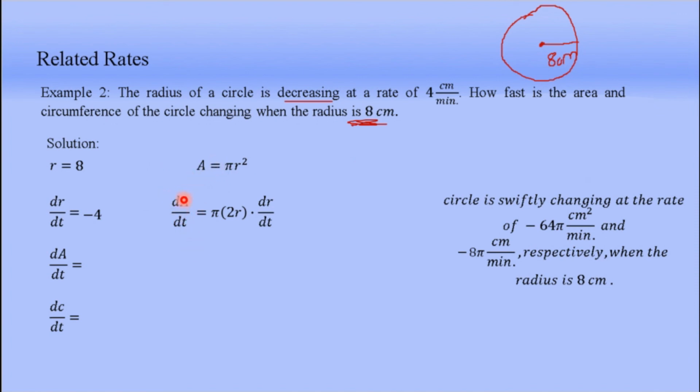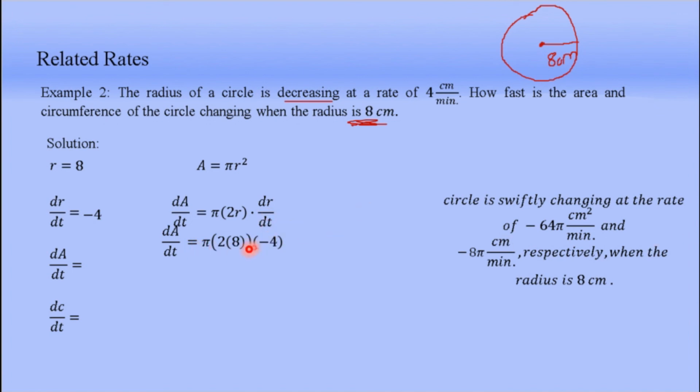So dA/dt, the derivative of A with respect to t, equals pi times the derivative of r squared, which is 2r times dr/dt. So you can see we have these values: r is 8, and dr/dt is negative 4.